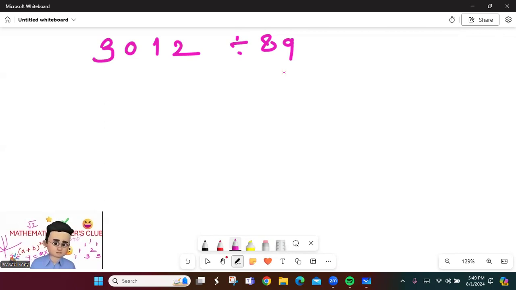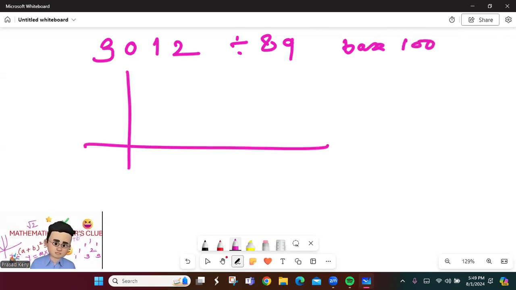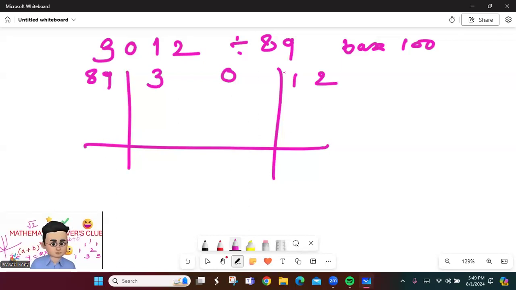So here, again for 89, the base will be 100. So I'm writing the last two digits, 1 and 2, in the remainder column, 30 in the middle part of the table, and the divisor is 89, using all from 9 and last from 10. I get 9 minus 8 is 1 and 10 minus 9 is 1. So the complement is 11. So I'm getting 3 down.